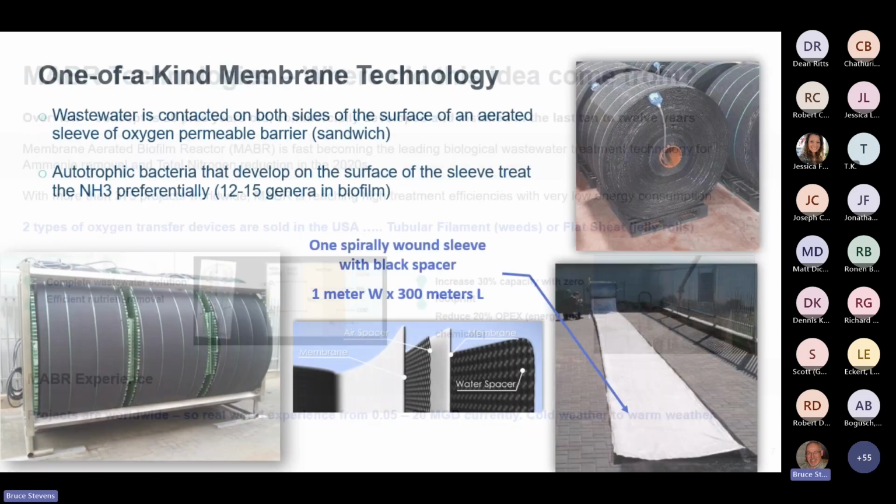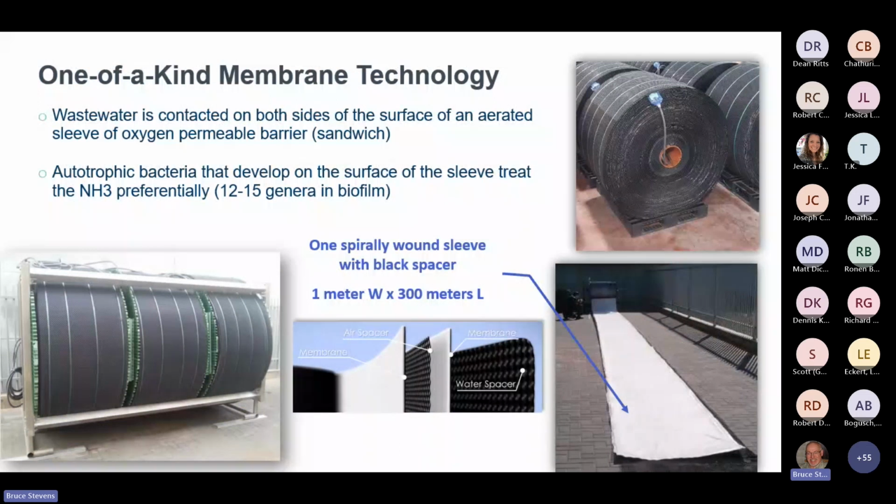where they can impact and do a good job. So the technology that we're focused on is our spiral roll design, and that membrane is a unique membrane that we apply and use. We make a sandwich out of it, and that sandwich is two pieces of the membrane with a spacer in between, and that's seam welded together all the way around the membrane.